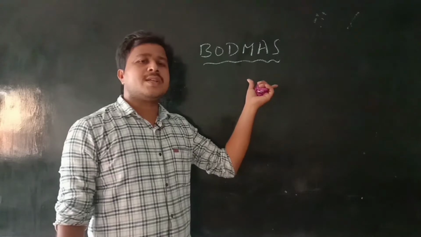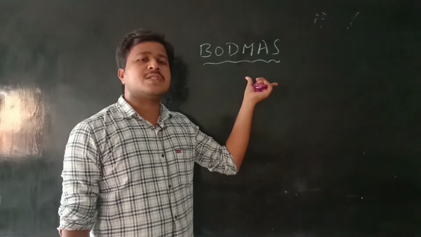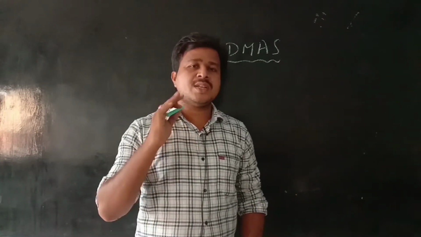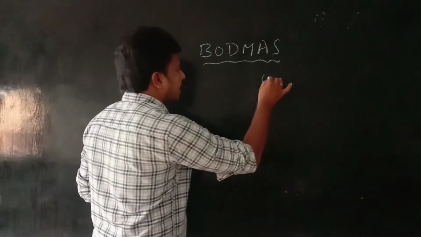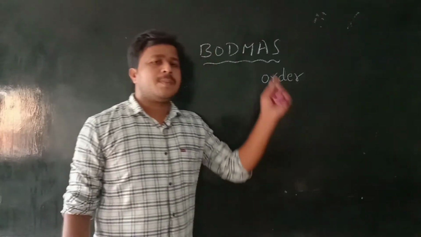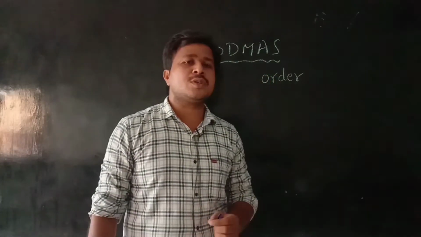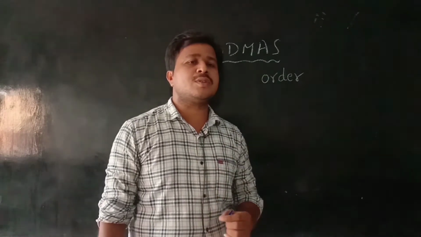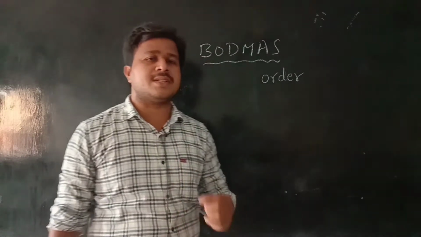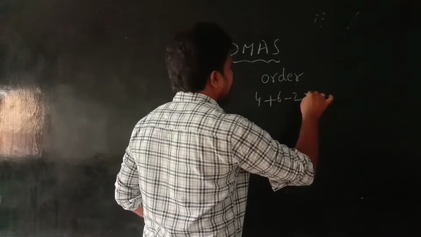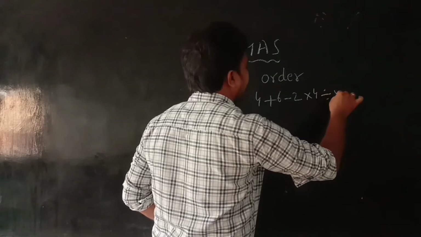First of all, what is the use of the BODMAS rule? The BODMAS rule is an order that is used to simplify arithmetic expressions, like 4 plus 6 minus 2 into 4 divided by 5.